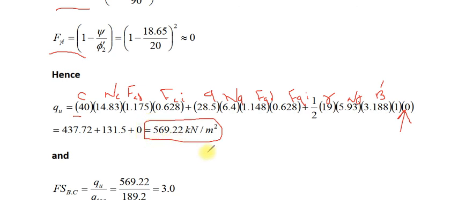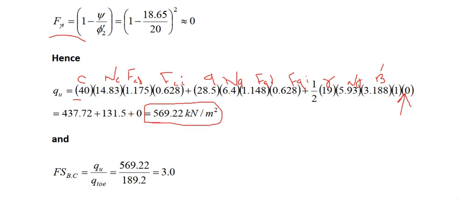Now, the ultimate bearing capacity represents the resistance, and q at the toe of the retaining wall represents the applied pressure.